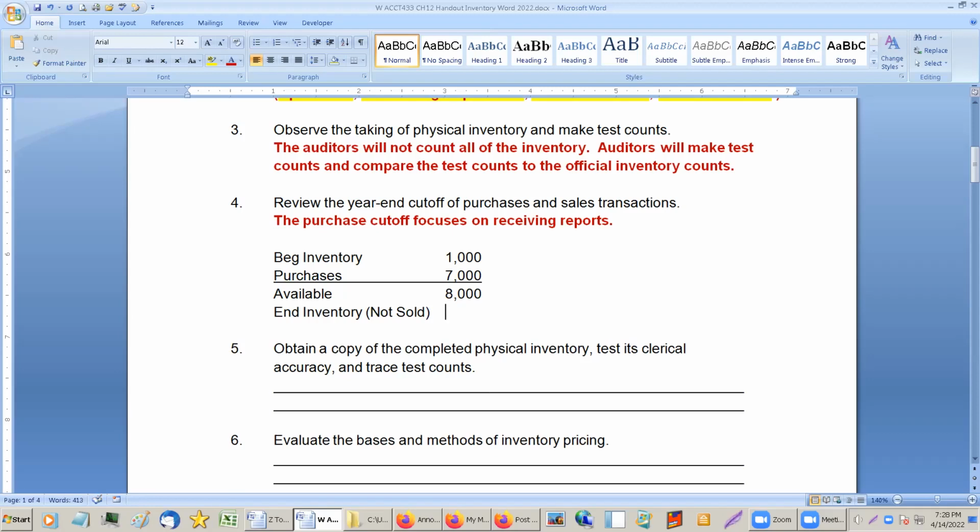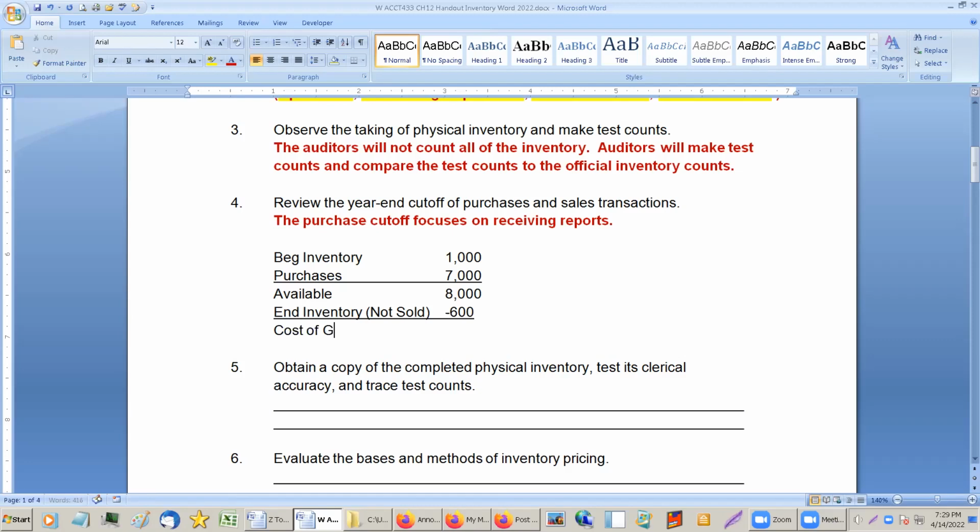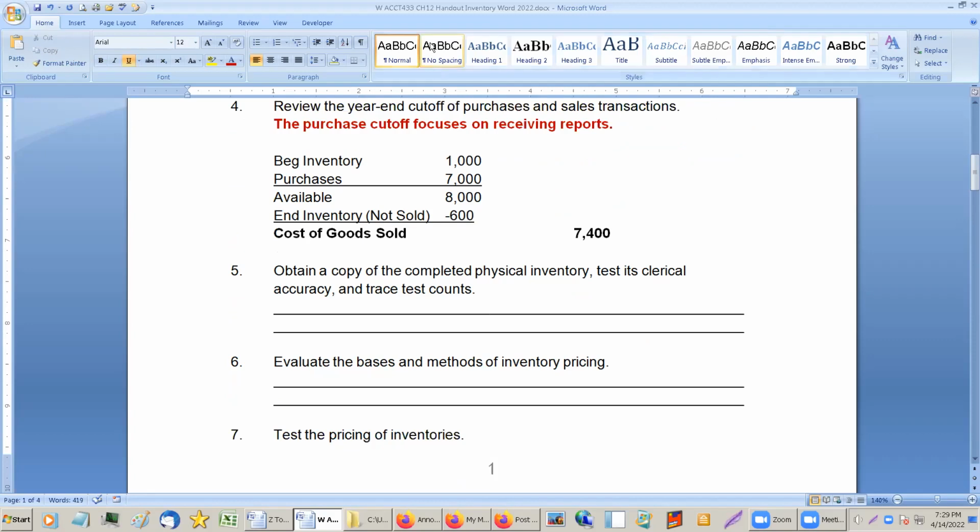So let's say the ending inventory was such, so your cost of goods sold maybe should be 7,400. So not sold is 600.